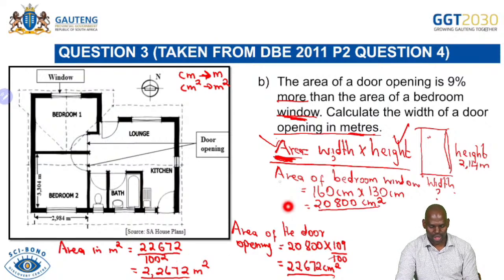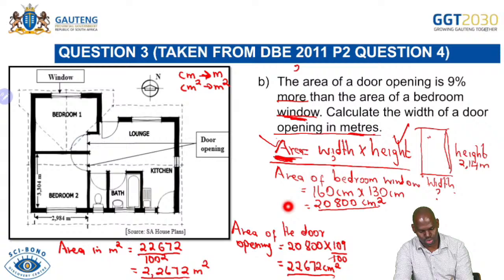Right, let's go back to our formula. If we do the substitution, we've got the area, which is 2.2672, equals to, what is our width?